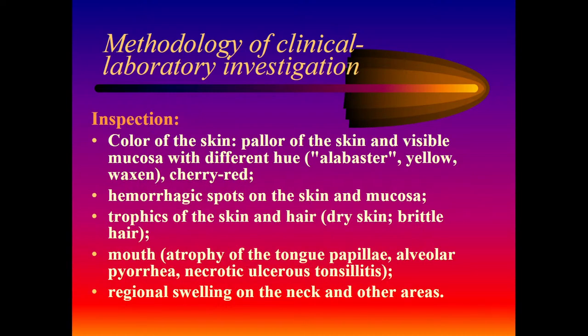During inspection, we check color of skin, pale skin and visible mucosa with different hue: alabaster, yellow, waxen, cherry red. It's a symptom of problems with the blood. Hemorrhagic spots on skin and mucosa, trophic changes of the skin and hair.